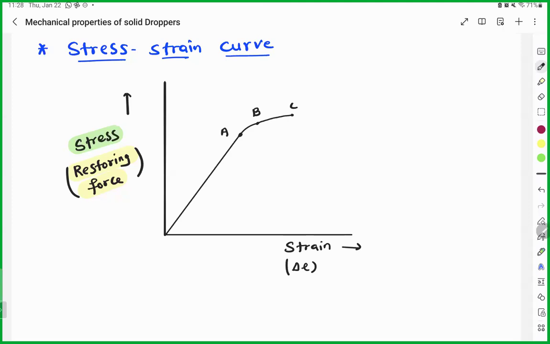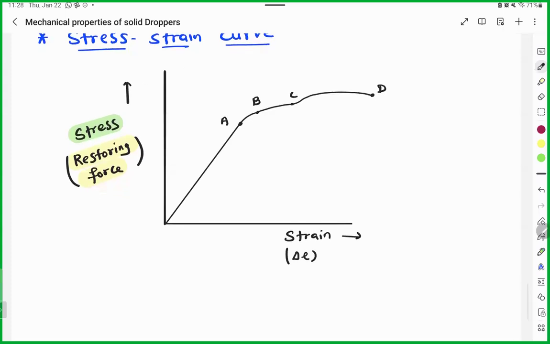What does it mean? When you increase the strain, the restoring force is not sufficient to bring back the body. After that, whatever you do, it will be responsible for plasticity. And if you increase too much, then the spring will break.